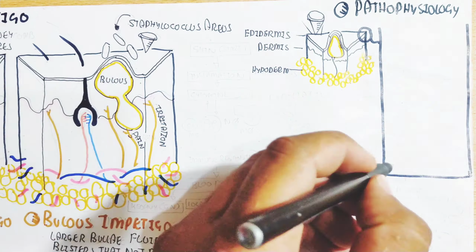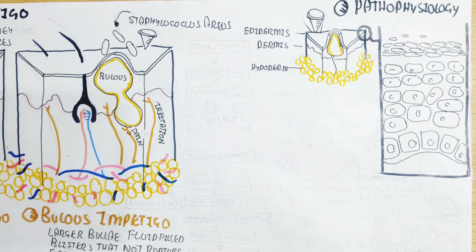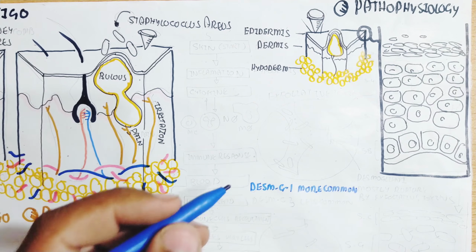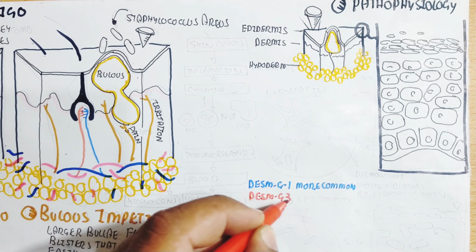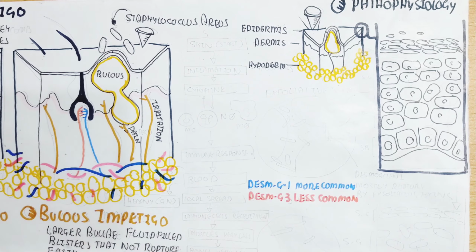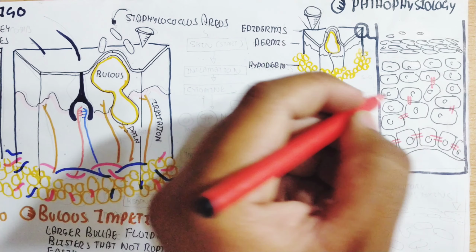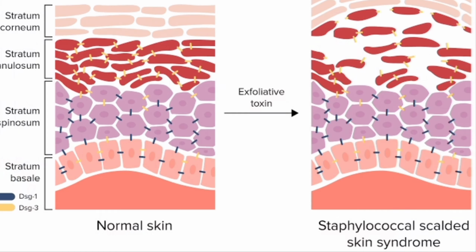So let's understand the bigger picture of the epidermis. The epidermis contains the stratum corneum, stratum granulosum, stratum spinosum, and stratum basale. The epidermal cells are held together by a junction known as the desmosome.